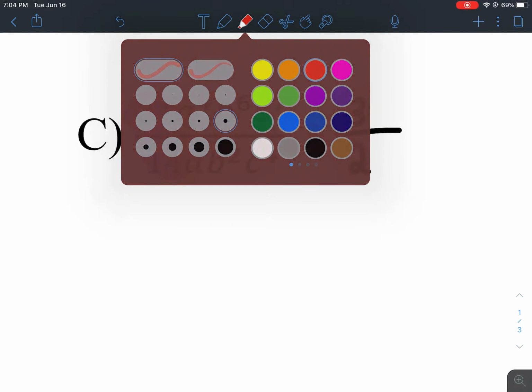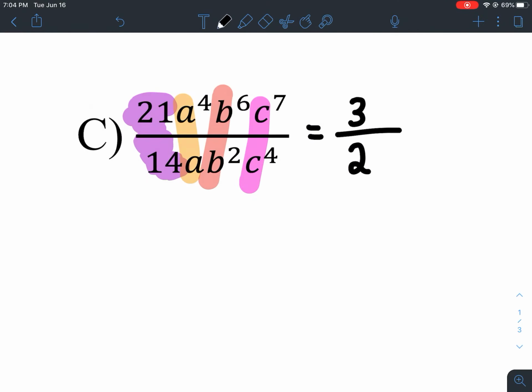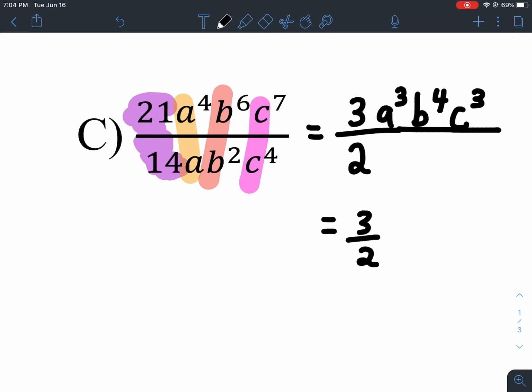You have A, you have B, and you have C. So you're going to subtract each of those. 4 minus 1, you have 3 A's, 4 B's, and 3 C's. So you can write it like this, or you can write it as 3 halves, or 1.5, but I like keeping it as a fraction. So it's up to you, whichever way you'd rather write that there.